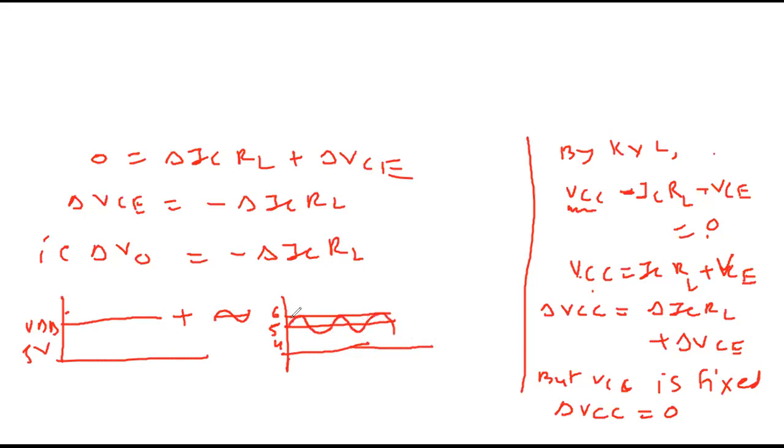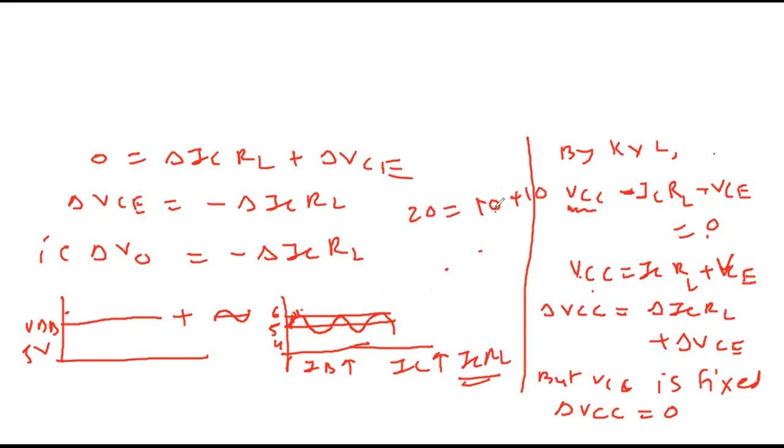Now when this VBE is becoming 5 to 6, then IB will increase because voltage is becoming higher. So IC will increase. That means ICRL will increase. But you want the net change to be 0. For example, if VCC is 20, ICRL is 10, VCE is 10.